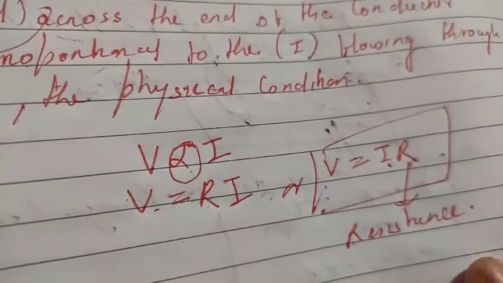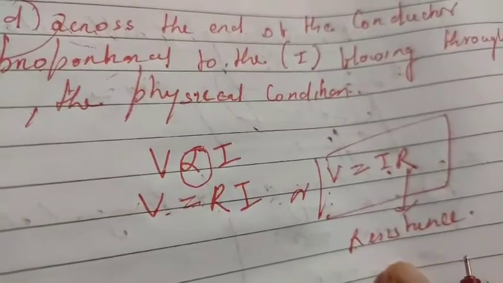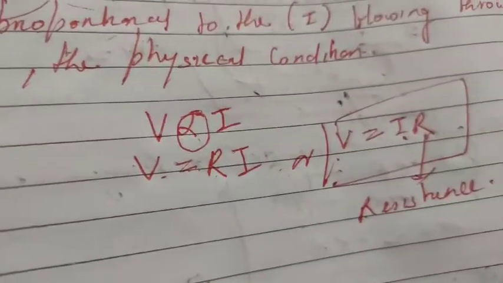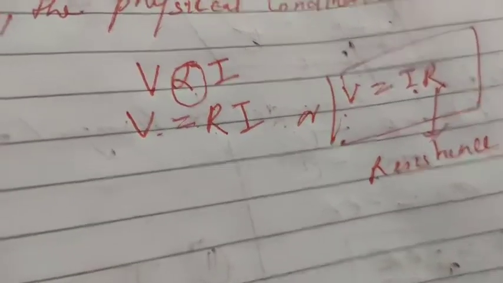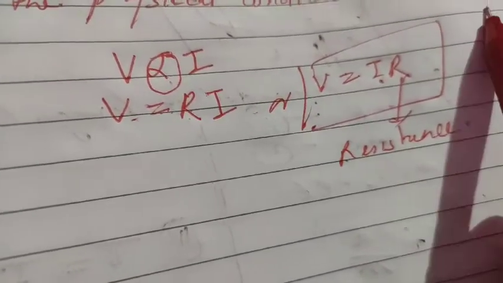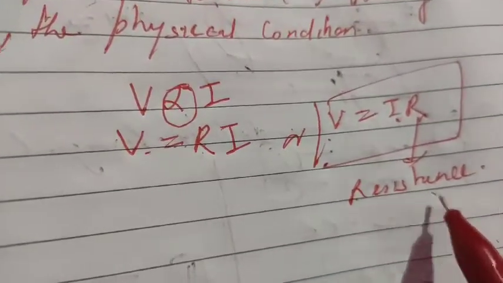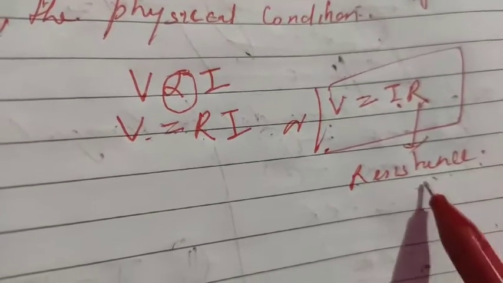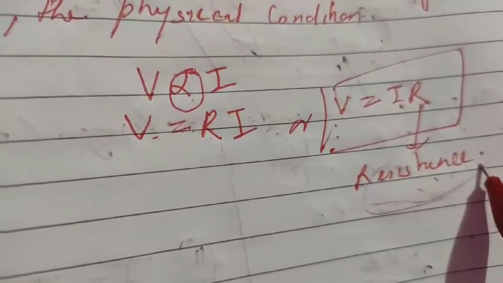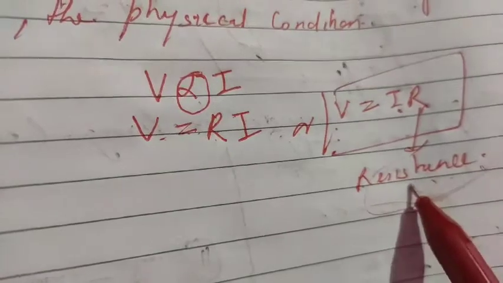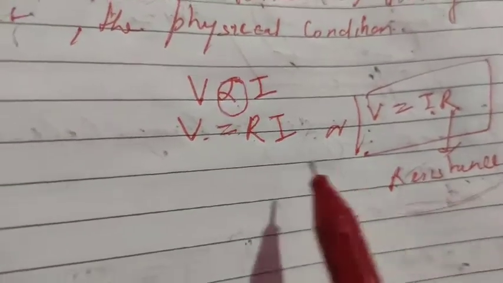Okay, the question is, on which factors does the resistance depend? Already I have told you what resistance is, student. It opposes the flow of current in a circuit. It does not allow current to flow freely in a given circuit. That is the resistance. So on which factors does your resistance depend?